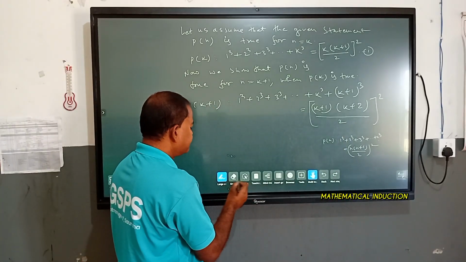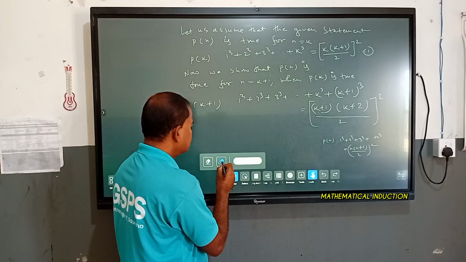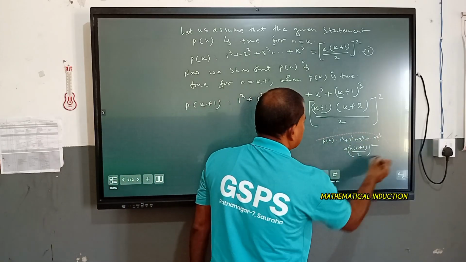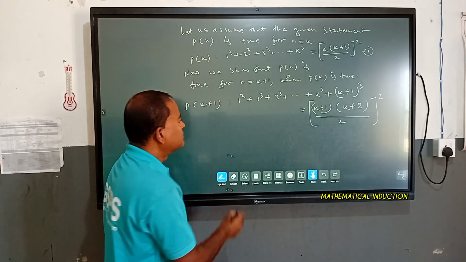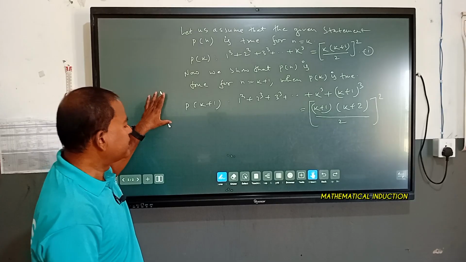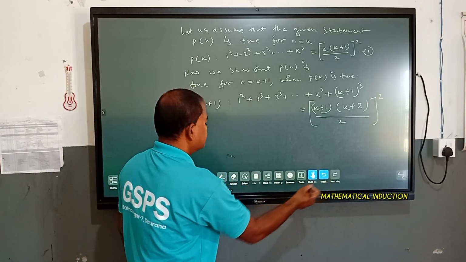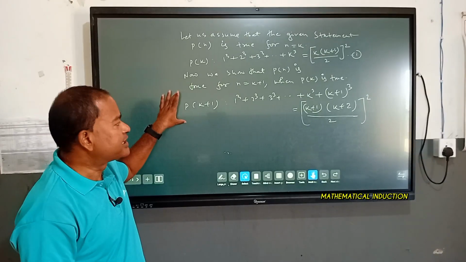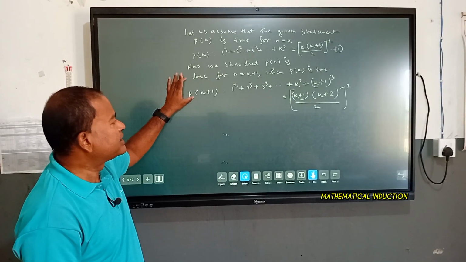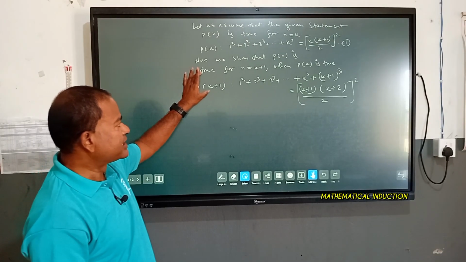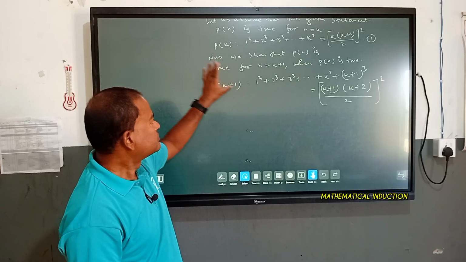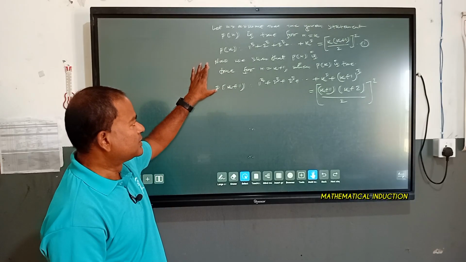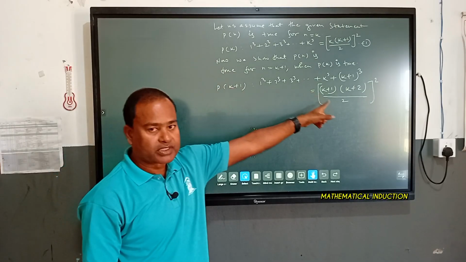Now this is the third step, and now we are going to prove that the given statement is true for n = k+1.